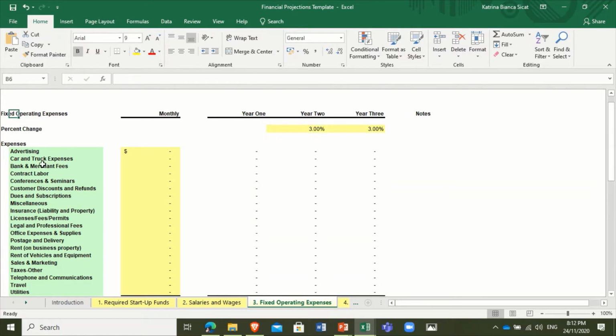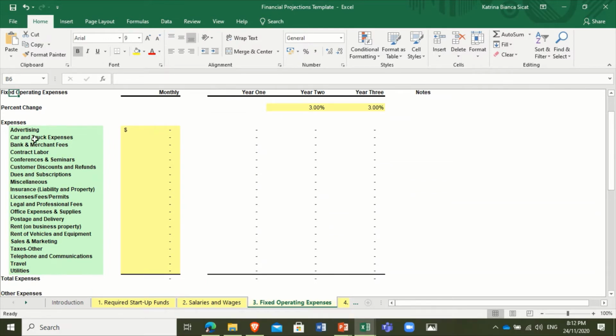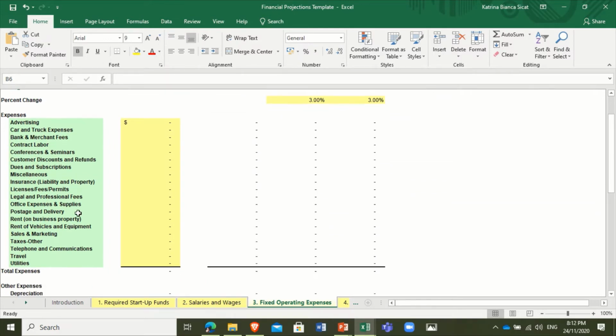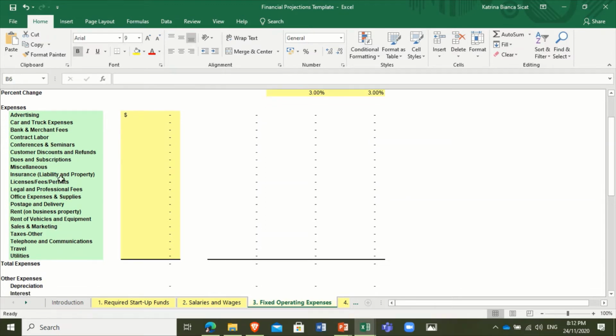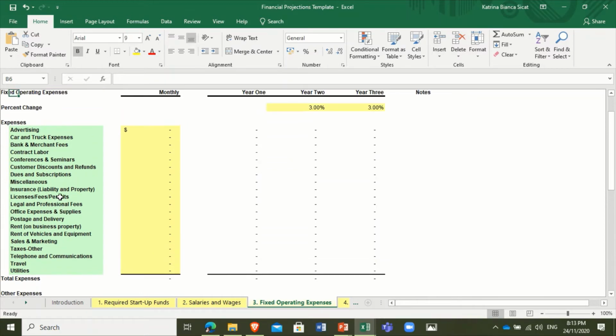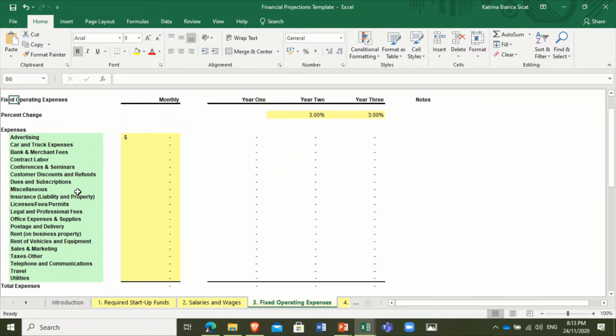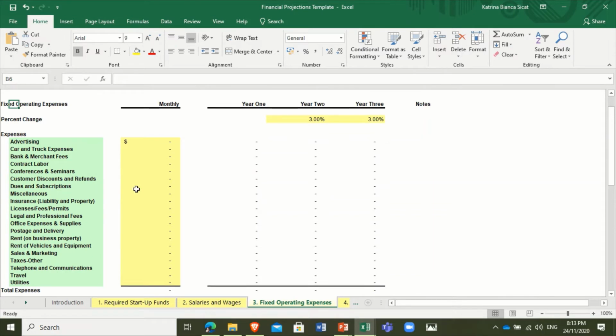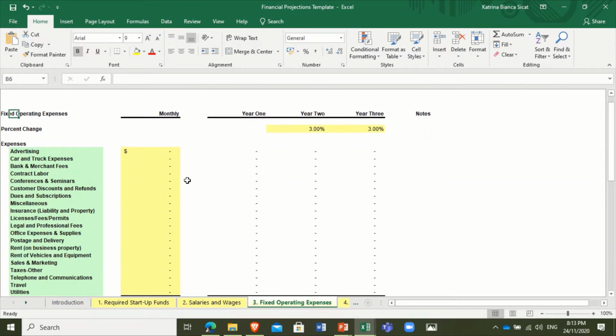Alright? Makikita nyo may mga samples naman tayo dito ng list ng mga fixed operating expenses. Again, if merong hindi included dito, you could always add. Okay? This is just a breakdown, ano? Breakdown lang naman to ng operating expense. Pwedeng i-include na lang to as note.